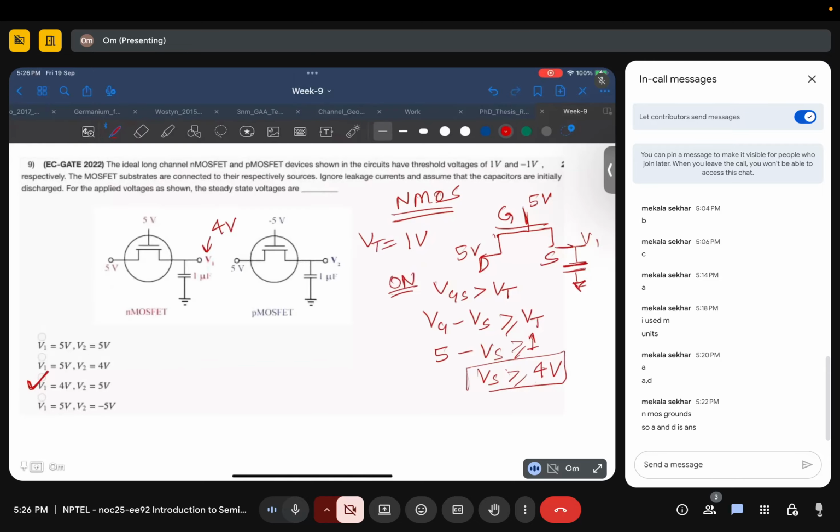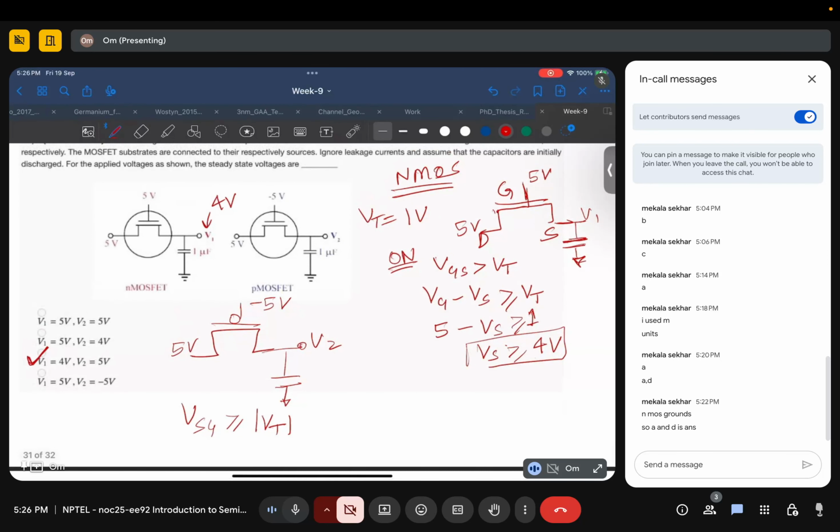We can also see in PMOS. In PMOS, what is there is minus 5 volt here, 5 volt here, and V2 here. So for PMOS, VSG should be greater than or equal to mod VT.